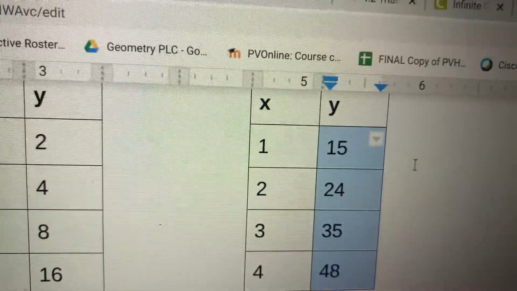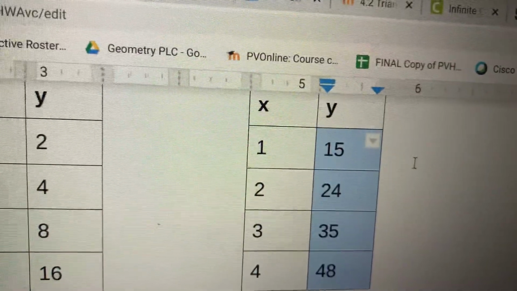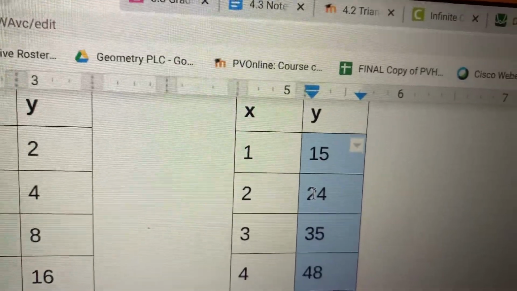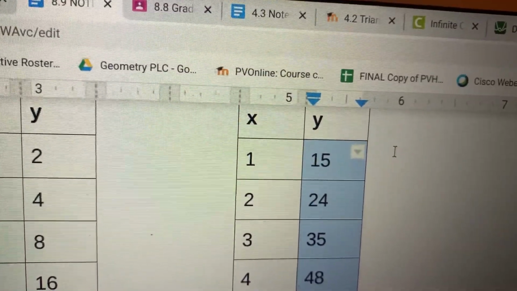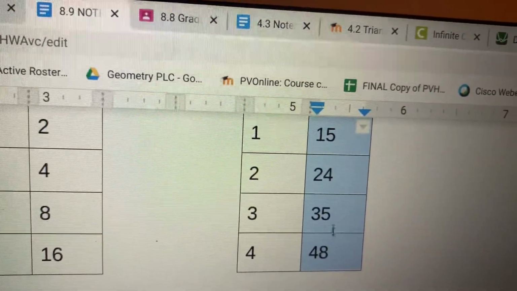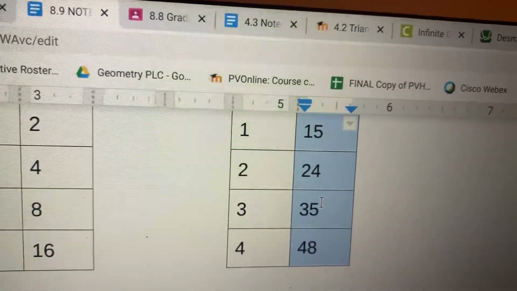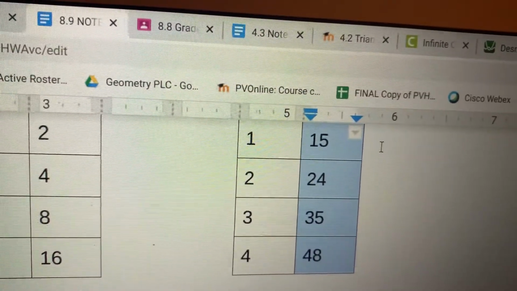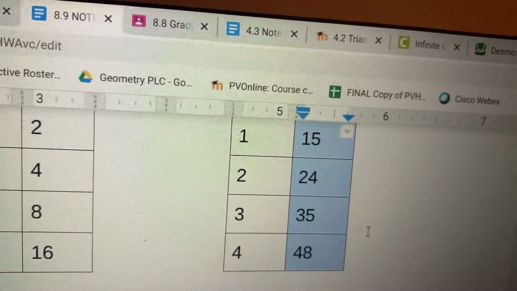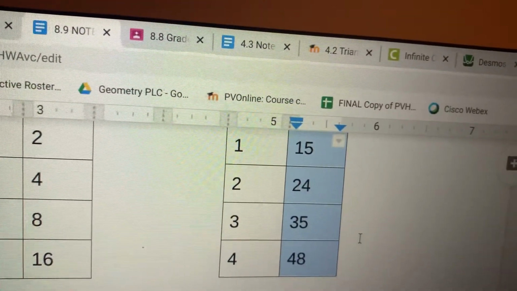So we'd have a little plus 9 right over here. If we do 35 minus 24, we get 11. And if we do 48 minus 35, we get 13. So we went 9, 11, 13. So we're not adding the same number. We're not multiplying by the same number either.